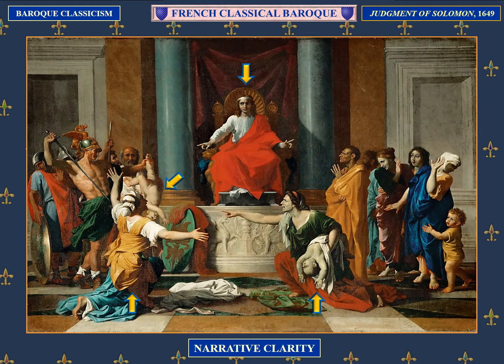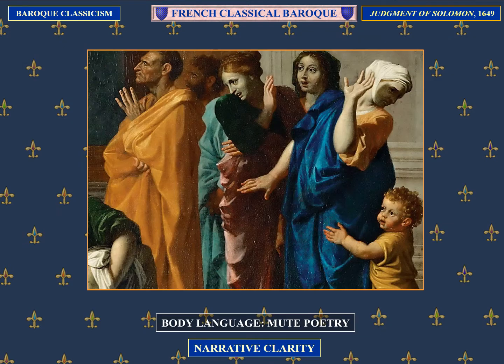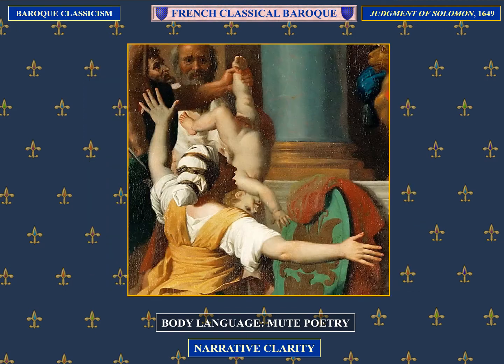So Solomon, famously, in his Solomonic wisdom, says, let the child be cut in half and a half given to each of the mothers. The reaction of the bystanders on the right, especially the women and maybe that little kid there, is like horror. You can hear the shrieks and how they recoil from the harshness of this decision.